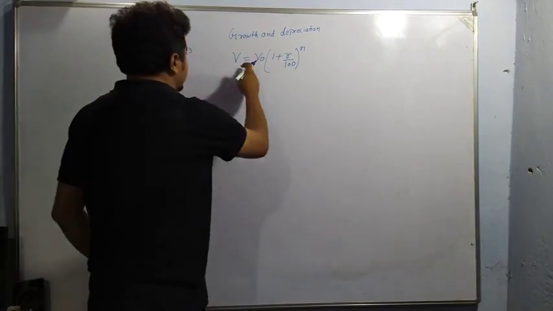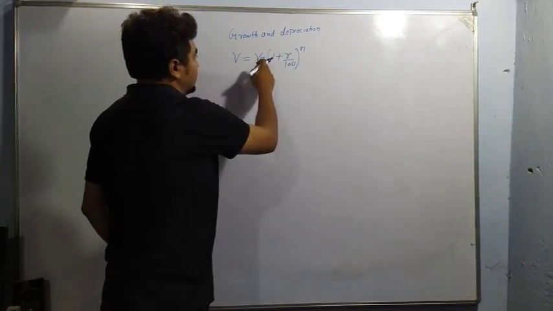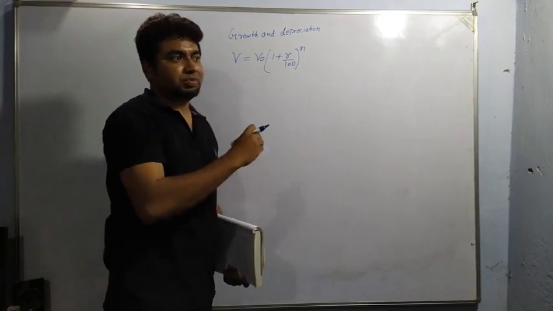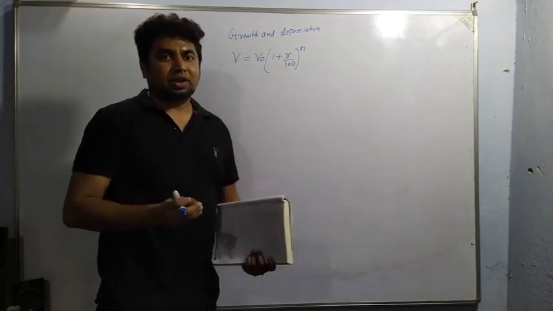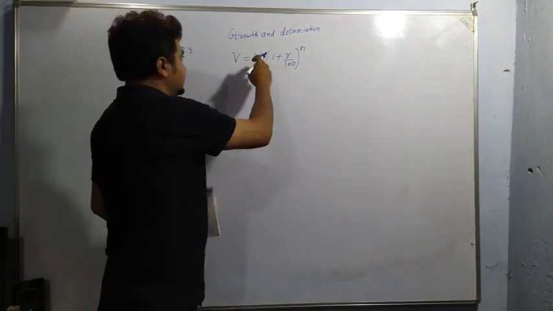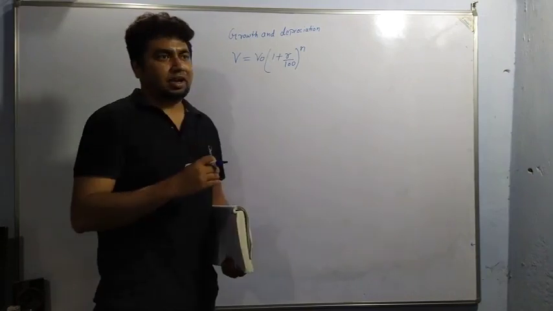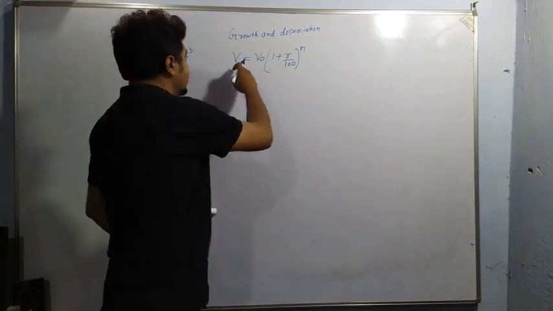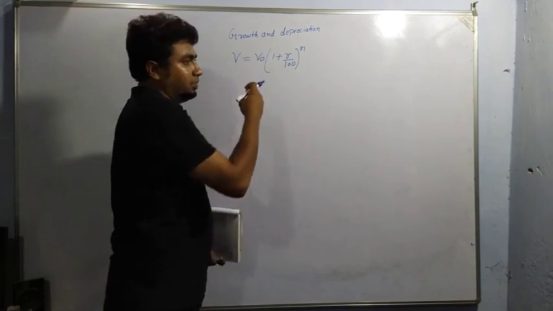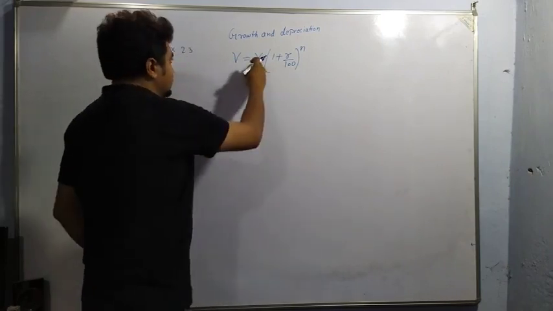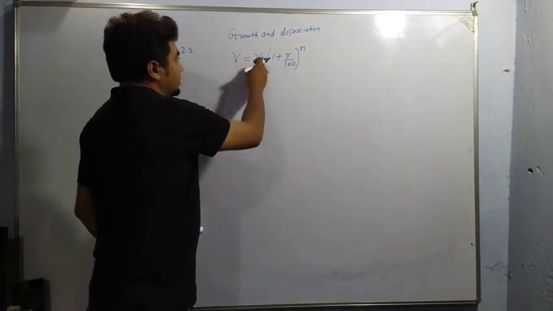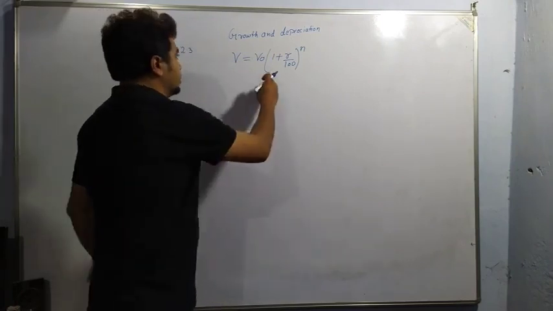V naught we are comparing with respect to principal. As in the case of the amount in banking, the final amount was greater than the principal, so V will be greater than V naught. That is the case of growth.